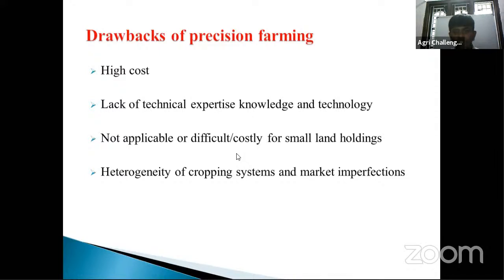I was cultivating cotton, my brother was cultivating some red gram. Heterogeneity of cropping system within one boundary, within 1 hectare. That is also a difficulty. And market imperfections: market fluctuations are also there, one of the drawbacks of technology.